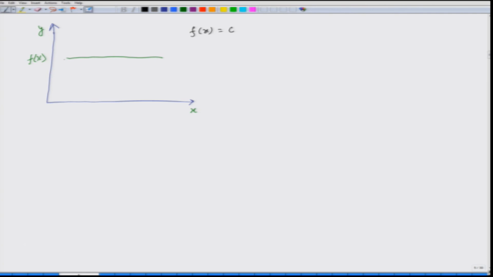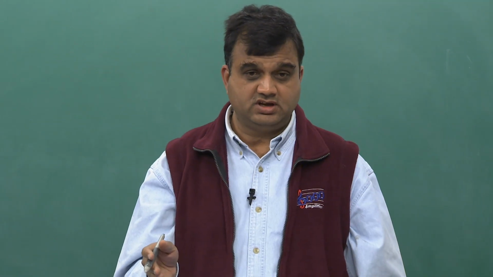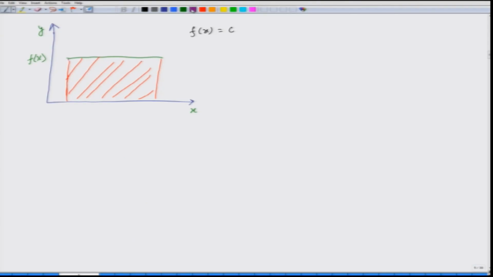So, the value of f x is c as x is varying, and what I am interested in is to compute this area under the function. Because f x is equal to c, we know that if I integrate f x with respect to dx and evaluate that integral between the limits x 1 and x 2, I will be able to compute this area. So, that is what we will do.